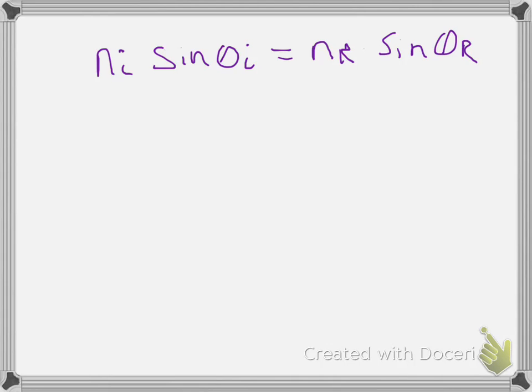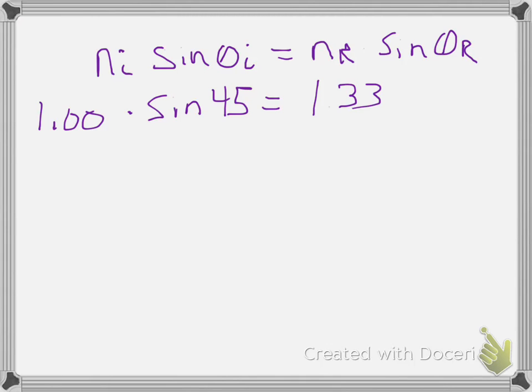So we know that this is 1.00 times the sine of 45 equals 1.33 times the sine of theta r.